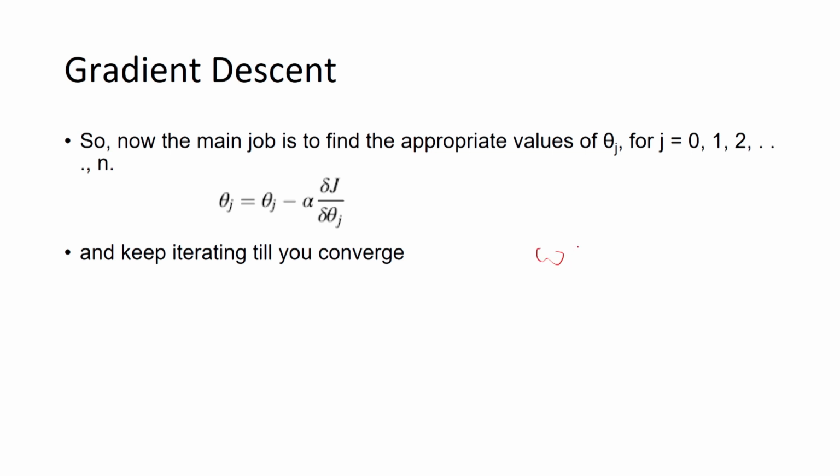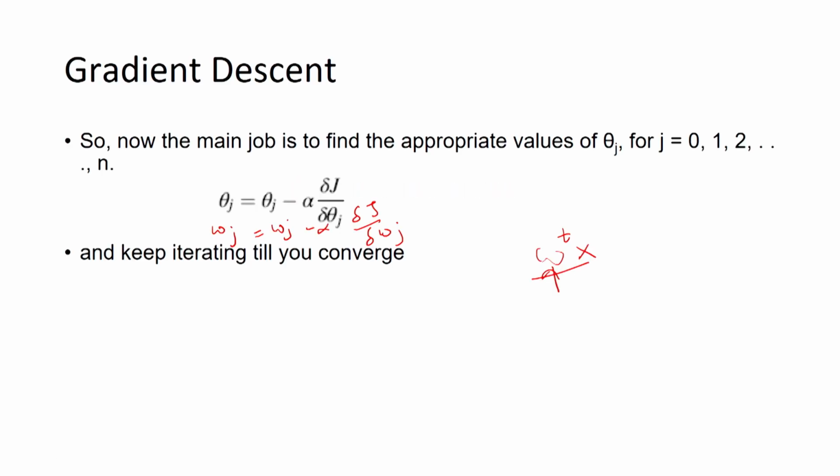W, because we are providing Wx in the sigmoid function. So, W is the parameter. Initially we have taken some values. So, here theta j we can write as Wj equals Wj minus alpha delta J upon delta Wj and so on. So, we can optimize it and we will get the best values of W, and in this way your logistic regression learns from the data.